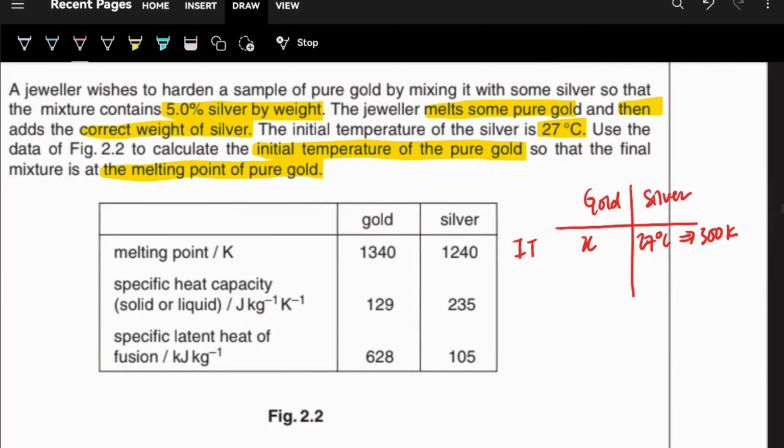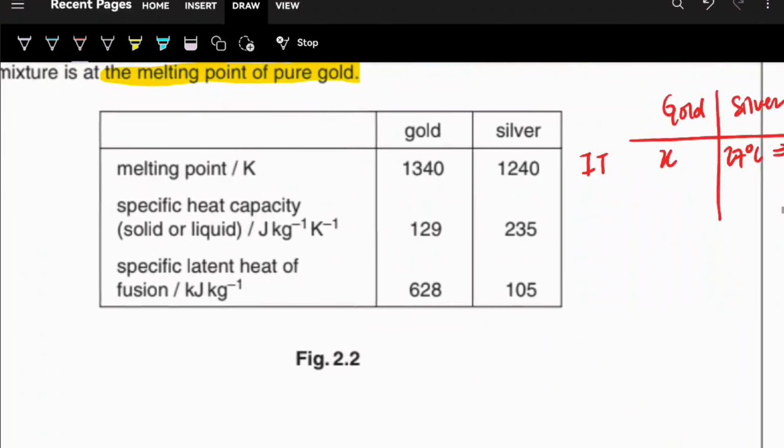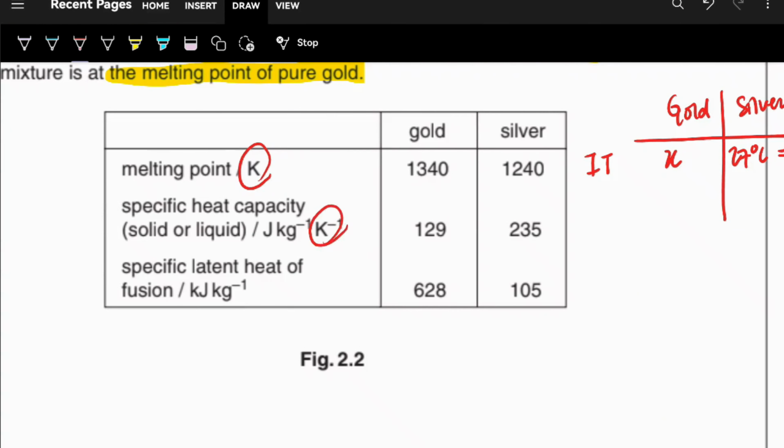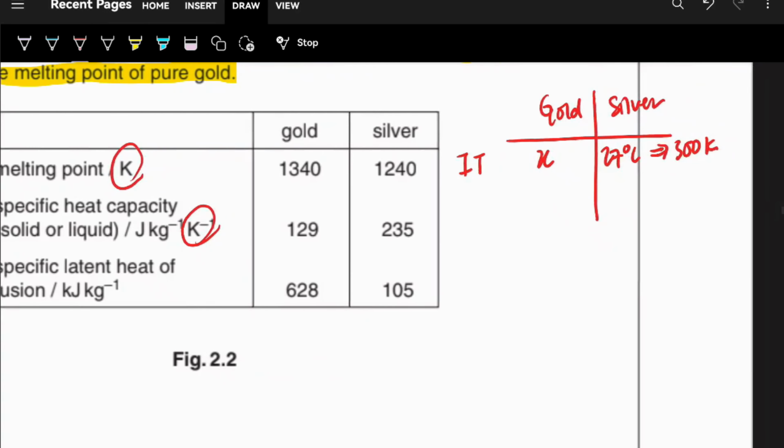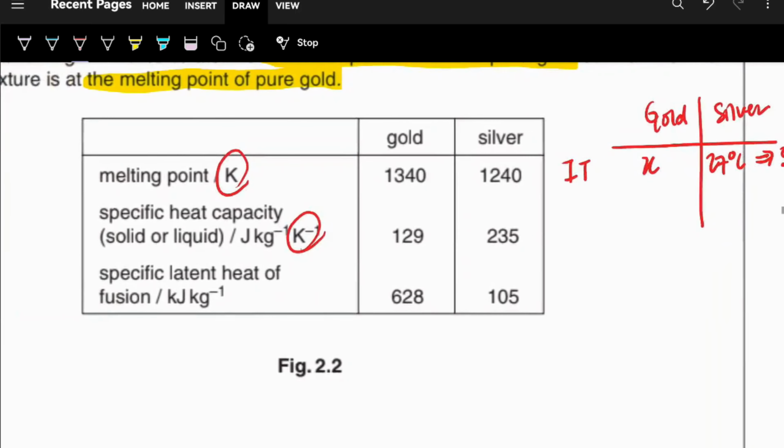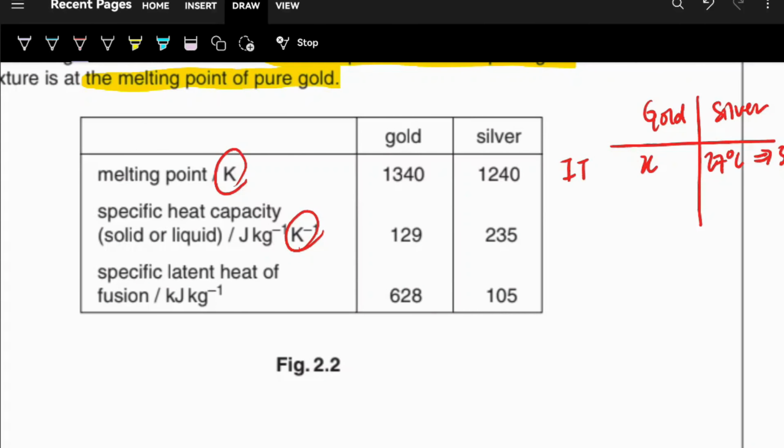Because if you look at the table, all of the units are in Kelvin. So I'm going to change my temperature also in Kelvin. Another thing to note is your units. This specific heat capacity is in joule. Specific latent heat of fusion is kilojoule. So if you were to use specific latent heat of fusion later, make sure you convert your kilojoule to joule. That means make sure you times 10 to the power of 3.